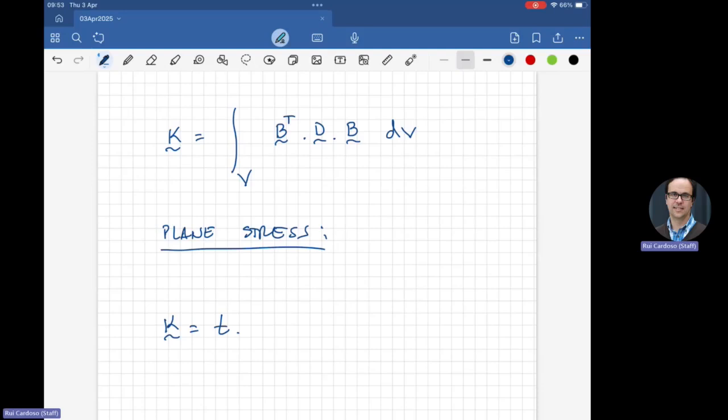The rest becomes too complicated. So if it's constant, I send it outside, and then I will have to integrate a double integral in the x and y direction of my element. Area integral, right? So this double integral is an integral in the area of my quadrilateral element, right?